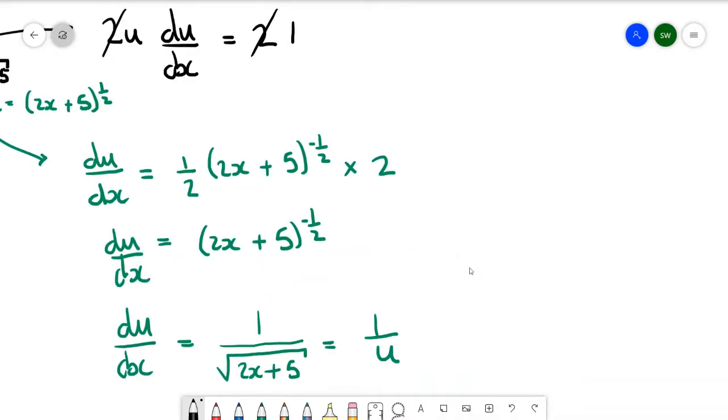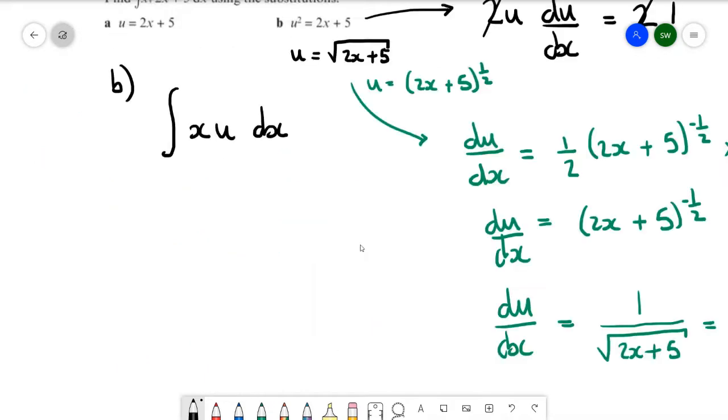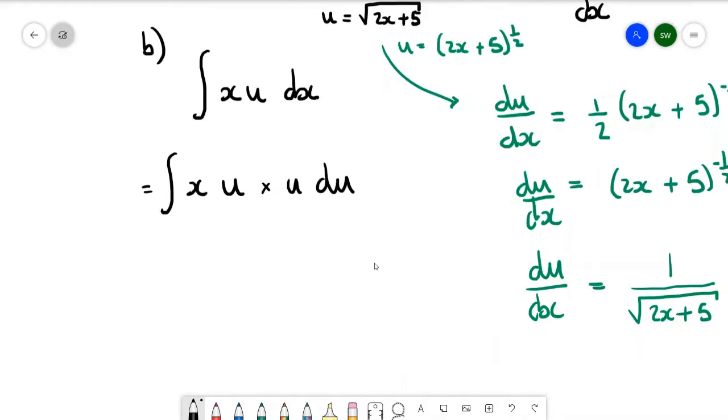So either way, using the fact that du by dx is equal to 1 over u, we can rearrange this to get dx is equal to u du. So that means that our integral can be written as x, u, and then we replace dx with u du. Or we could write that as x u squared du.